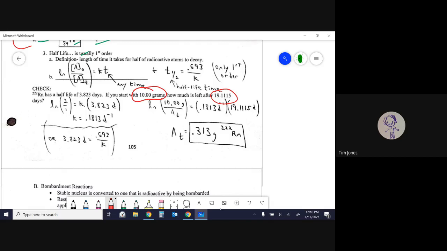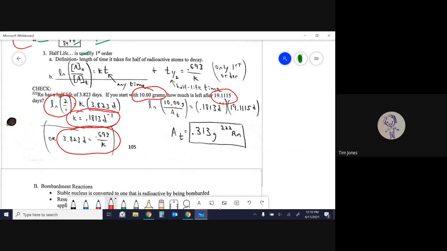And so I'm first going to take and cut something in half. So 2 divided by 1, that's cutting something in half. You can use whatever numbers you like, plug in the half-life, solve for k. And you can do it using this equation, you get this, or you can use the shortcut equation and get the same answer.